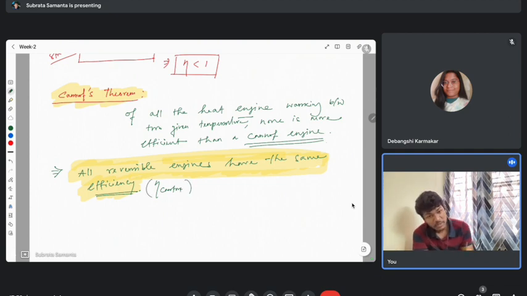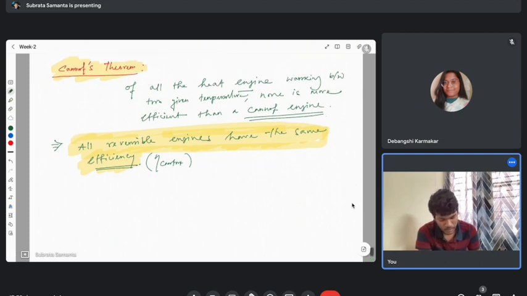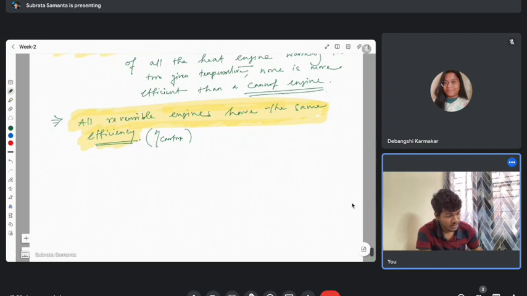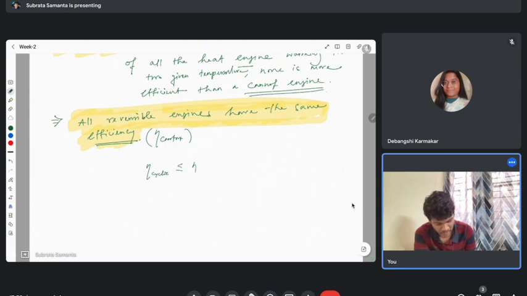So if you consider any reversible process and calculate the efficiency, it is the same as the Carnot engine. But if you consider irreversible processes and real engines, they are always less. So the final statement is that any cyclic engine has eta less than or equal to eta Carnot.